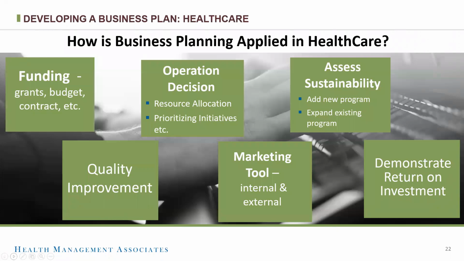In that case, you may need to make a case for how this adds value to the organization in terms of quality improvement and other parameters required by the funder. Also, your business plan will inform decision-making for allocation of funds and how the pie is sliced between competing priorities.